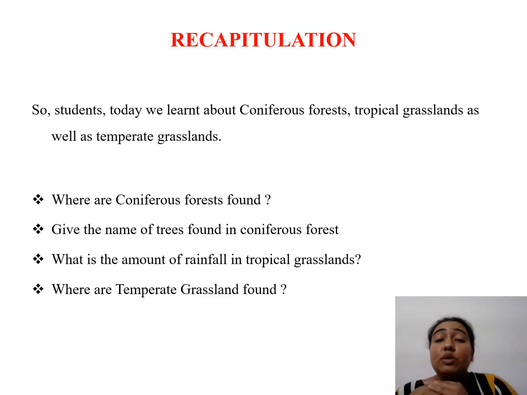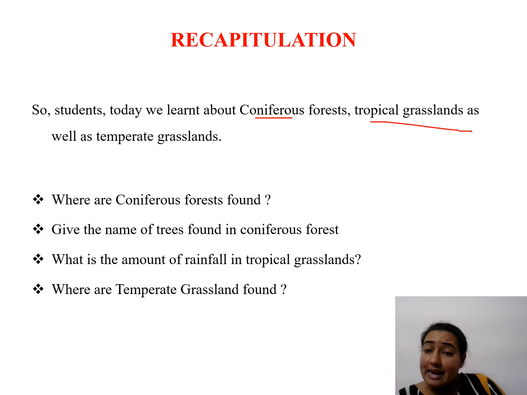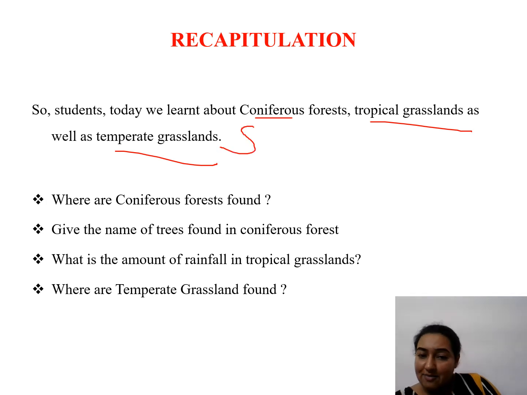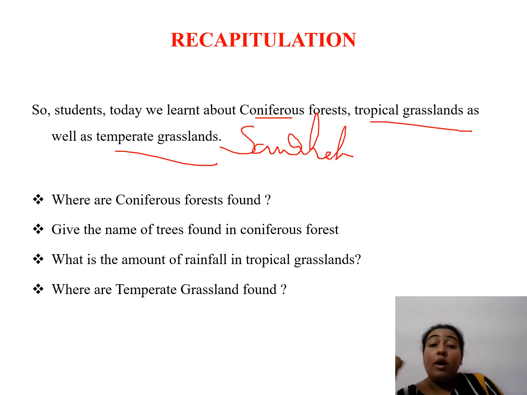Now, students, in today's class we learned about coniferous forest, and about tropical grasslands, which were divided into temperate forest and temperate grasslands, such as the savanna in Africa, which is very famous. Now, what and where are coniferous forests found? When we speak of the word coniferous, it should immediately come to mind that the trees have a cone-like shape.